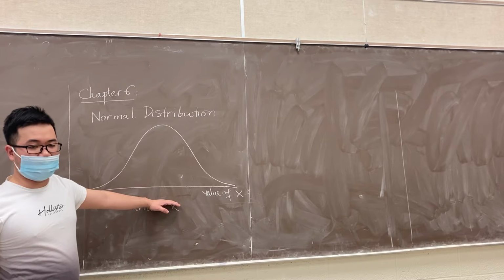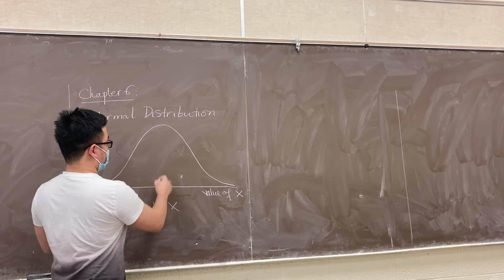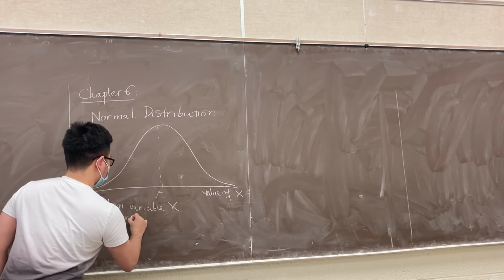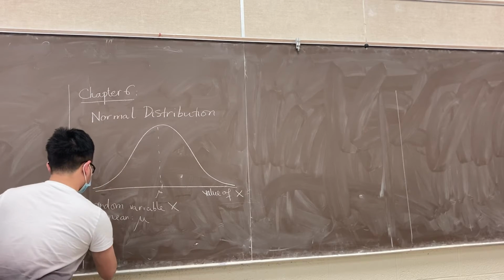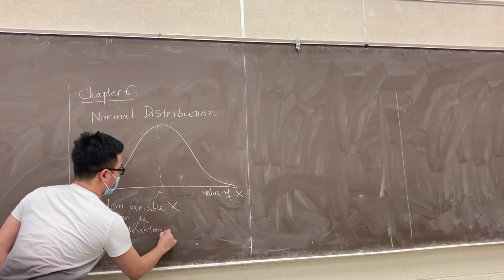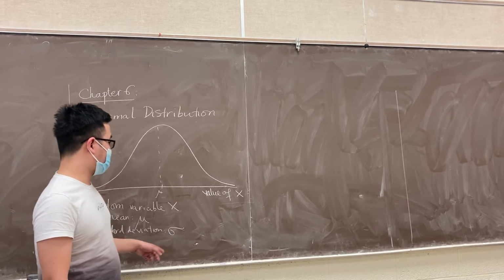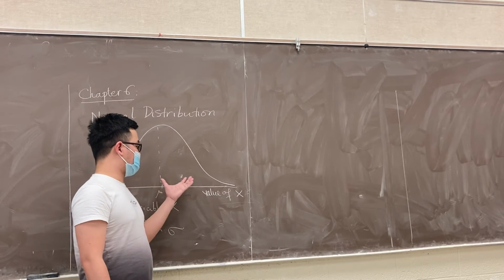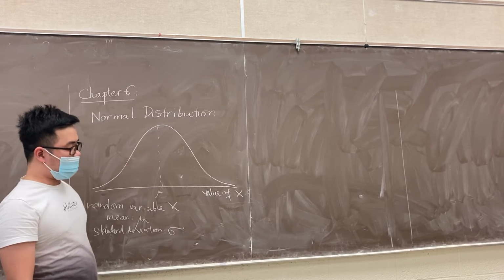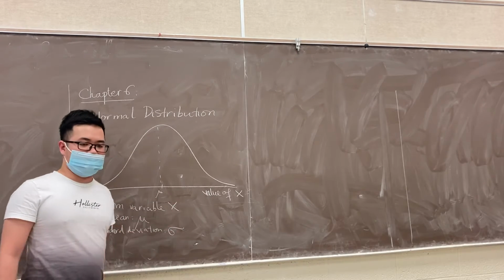For example, we have the mean, mu, and we have the standard deviation, sigma. When we have the information about the mean and the standard deviation, and we know that the probability distribution of x is bell-shaped, or normal, we can determine the random variable x.